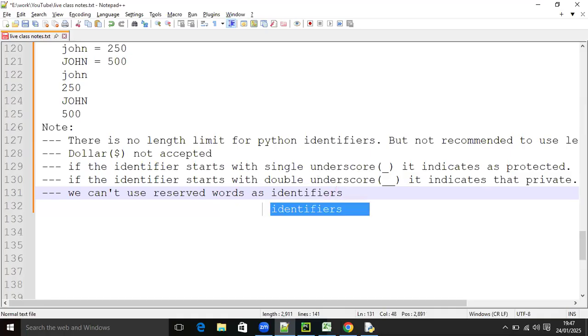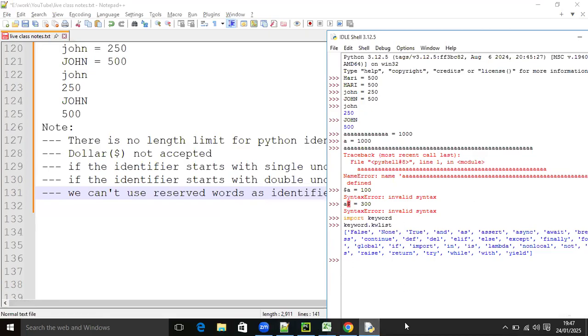We can't use reserved words as identifiers. What are the reserved words? I have shown them here.